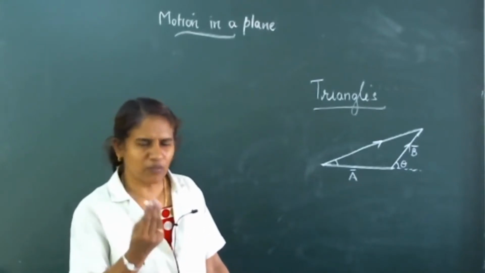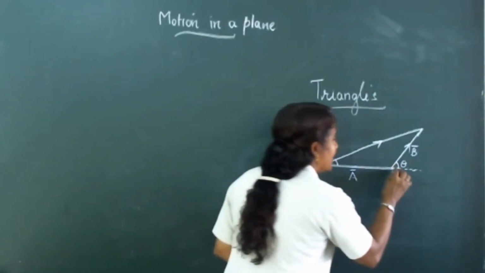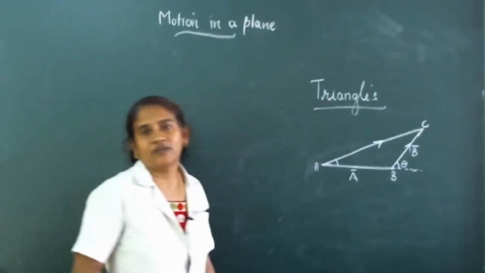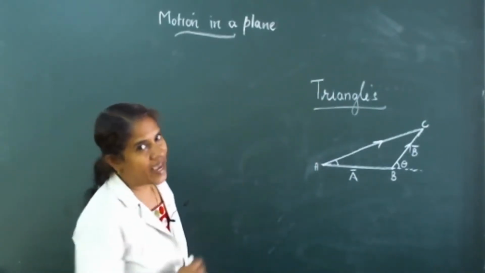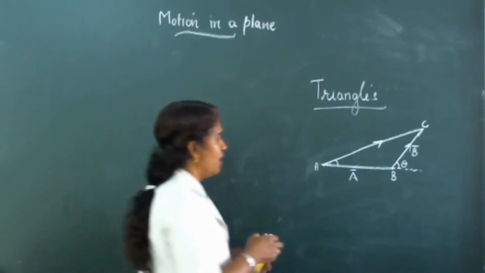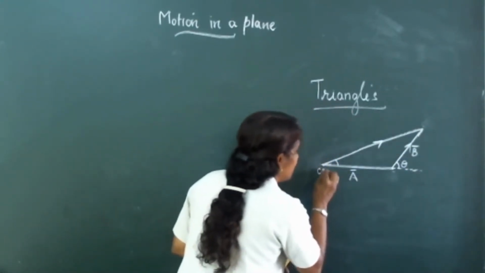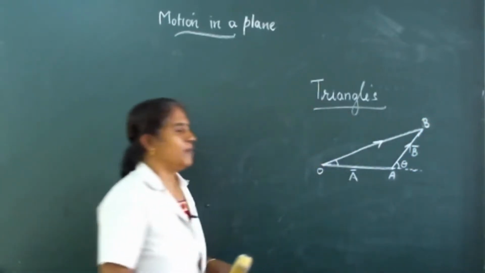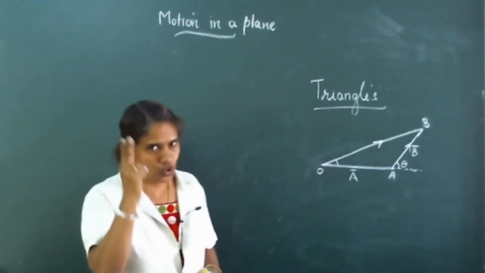Shall we do a small derivation? For doing our derivation, let us consider the triangle made up of these two vectors A and B. One vector is OA, the next vector is AB. The magnitudes are given. A and B are the two vectors.